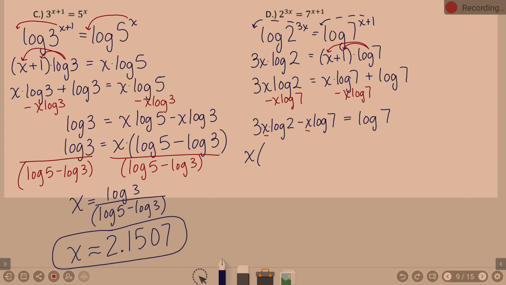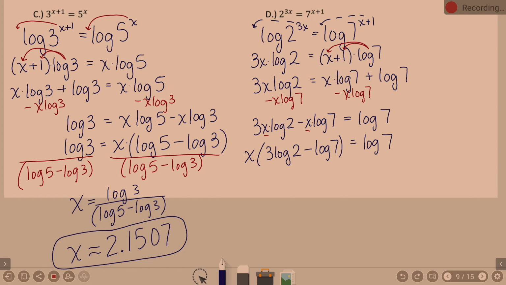If you take the x and factor it out, what remains? 3 log 2 minus x times log 7. If you factor that x out, you're left with log 7. And still equal to plain old log 7 on the right.